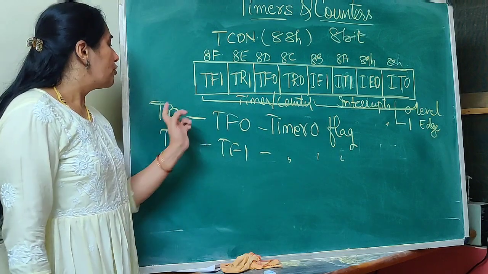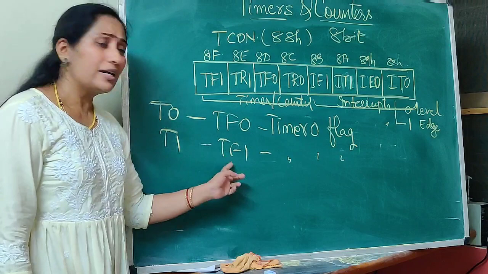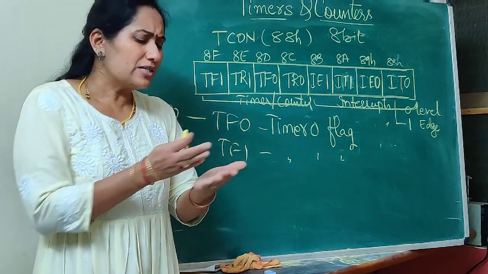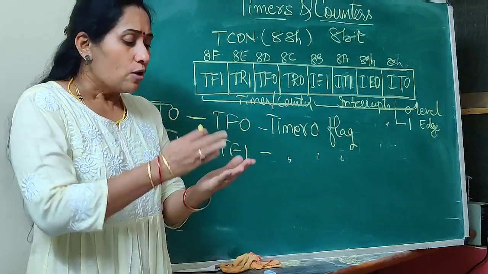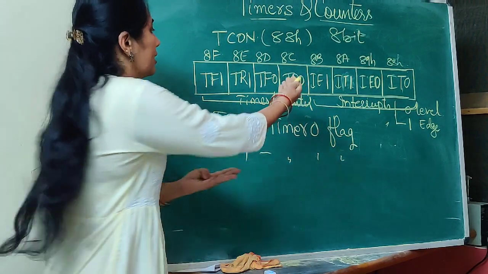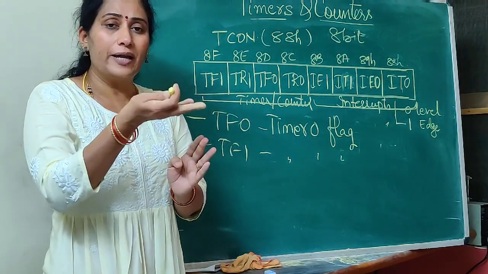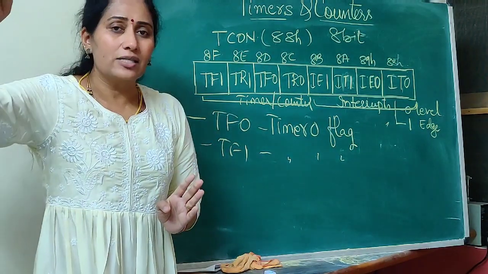Which are those flags? For timer 0 there is one flag, that is TF0, and for timer 1 it is TF1. See, from whatever count we have loaded in T0 or T1, when we start the timer using TR0 or TR1, up counting begins. And depending upon the mode, it is going to reach the maximum value.